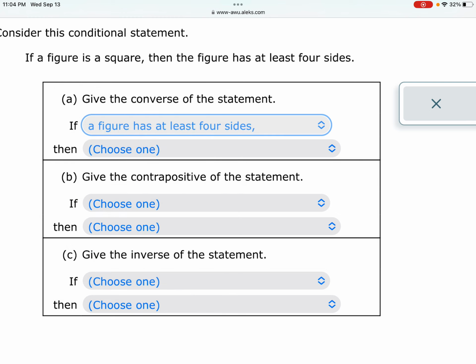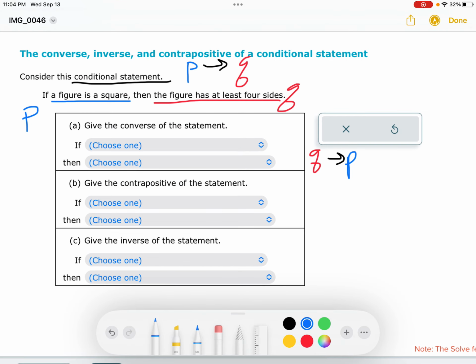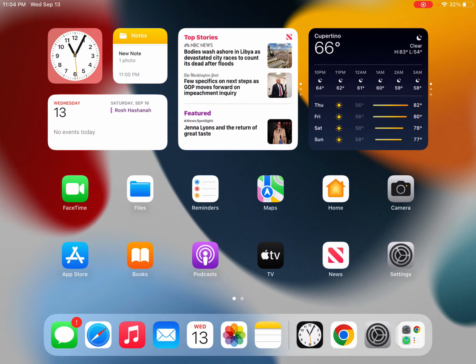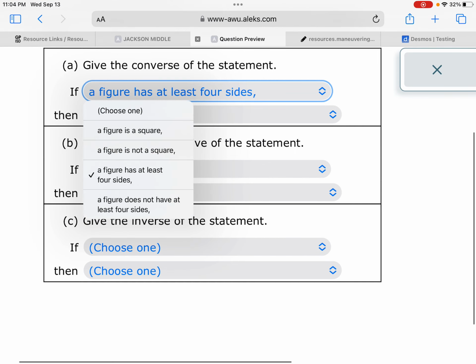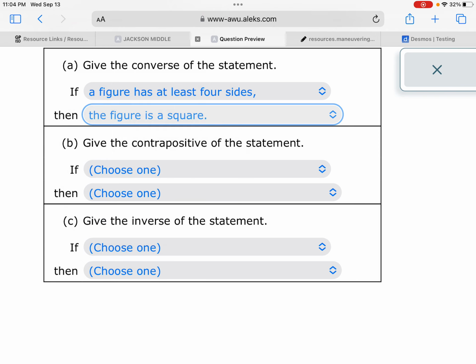Boom. Then P, the second part, which is the blue underline, a figure is a square. So I'm going to say then the figure is a square. It's just that simple.